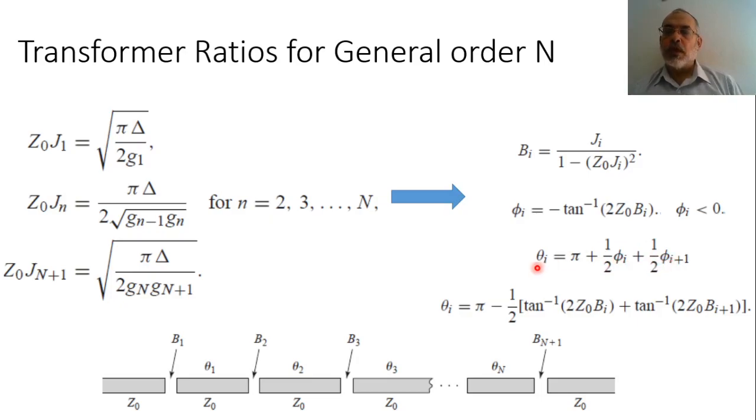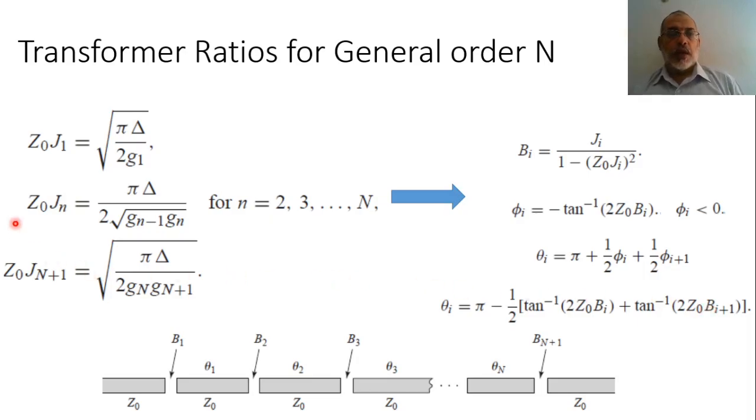Okay? Once I have that, theta i can be represented in terms of Bi as pi minus half tan inverse of 2 Z naught Bi, which corresponds to phi i, plus tan inverse of 2 Z naught Bi plus 1, which corresponds to phi i plus 1. Okay?